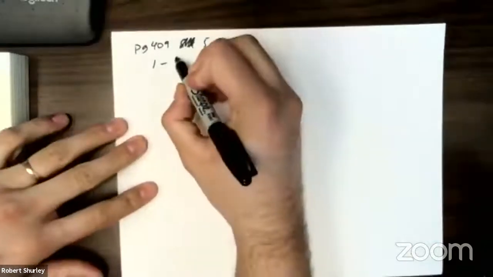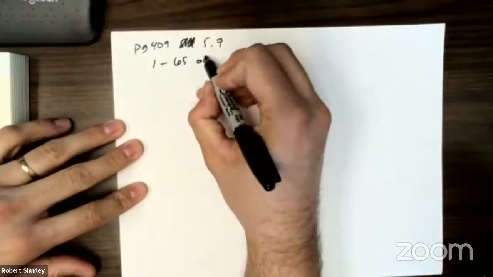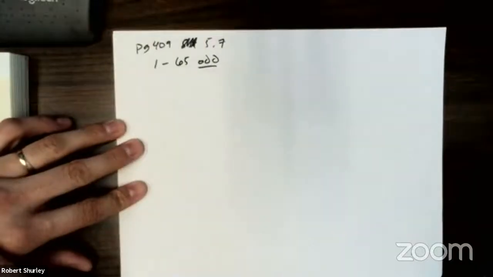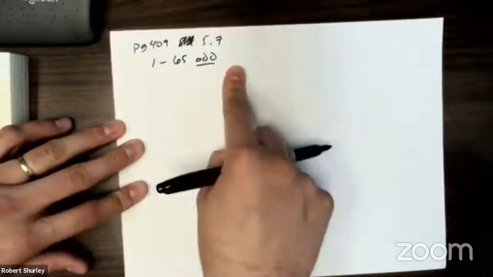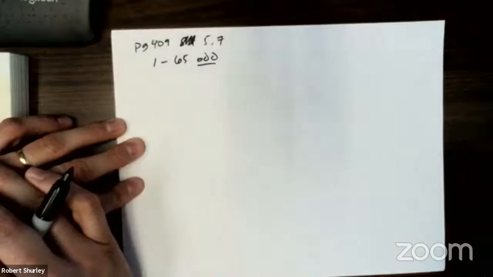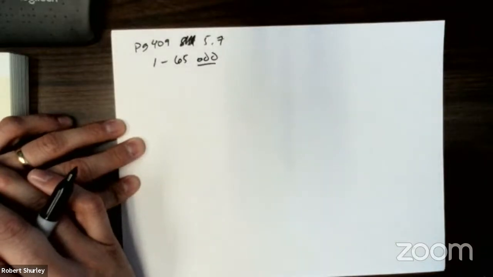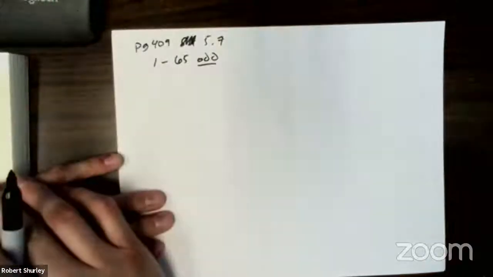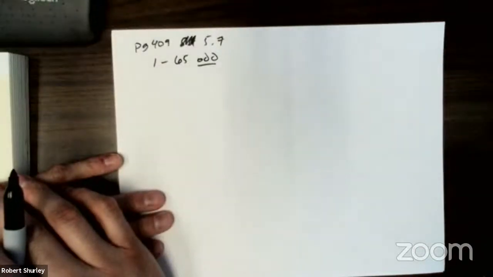And I'll tell you, even if you do every other odd, you'd probably be fine. If you do every other odd and then you're still struggling, then do every odd. You'll know right away if you need to do all the odds or just every other odd. So do every other odd, and then if you start struggling, just do every odd, and you should be okay.